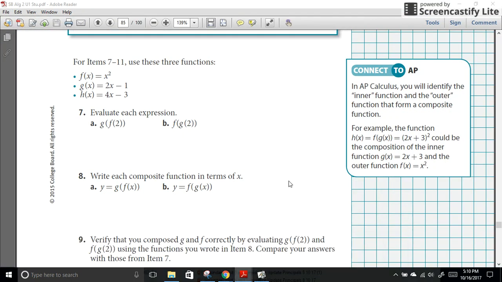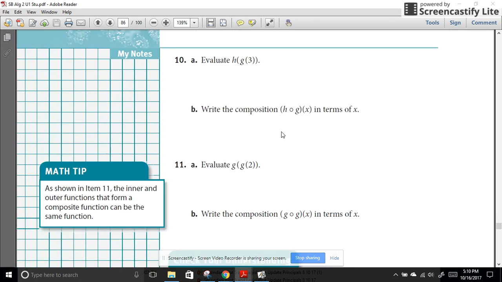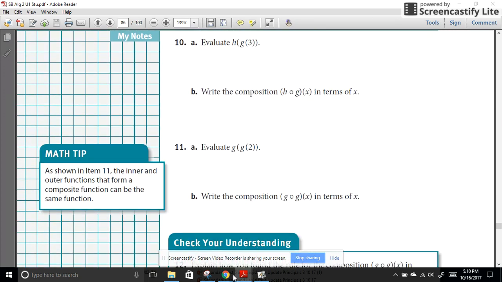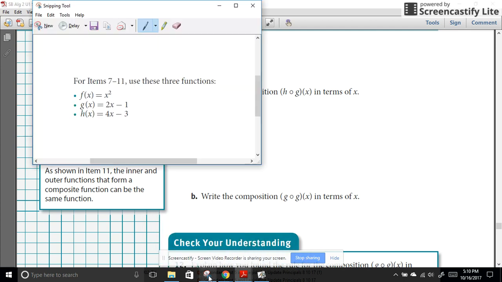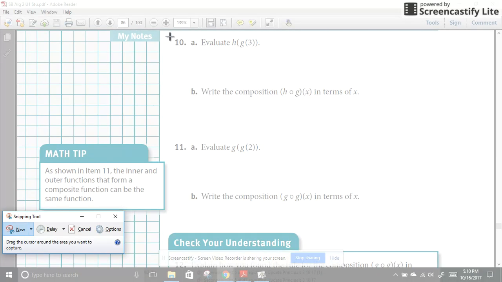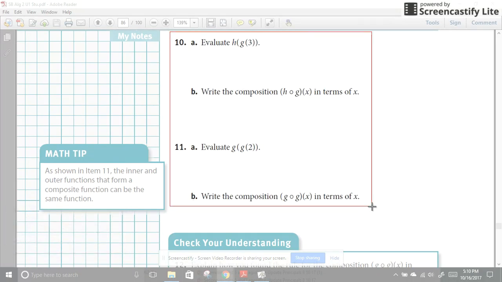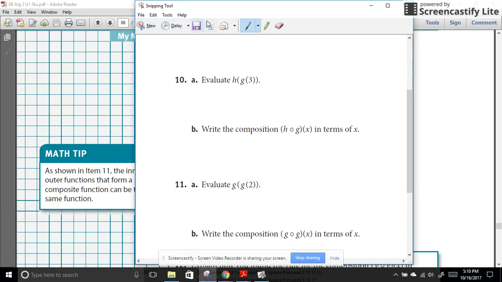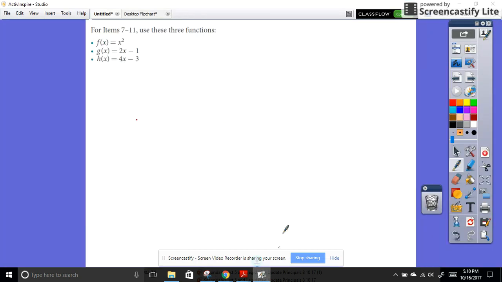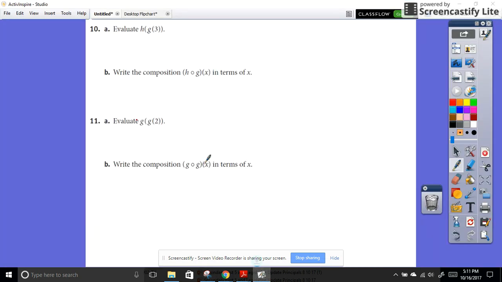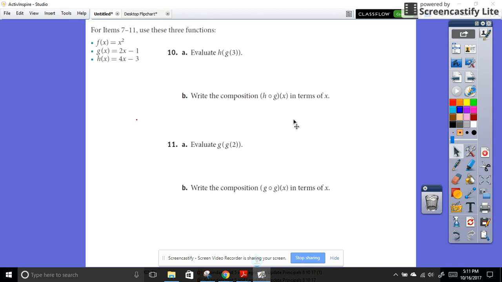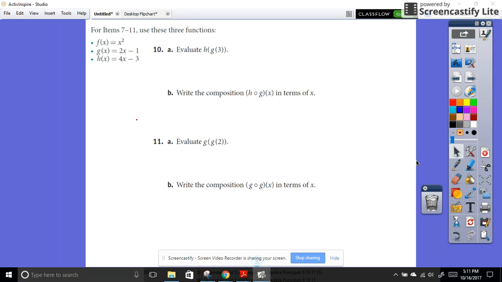I should have done this before I hit record, but I forgot. Now I should be able to work these problems.